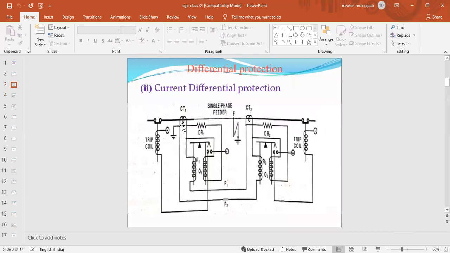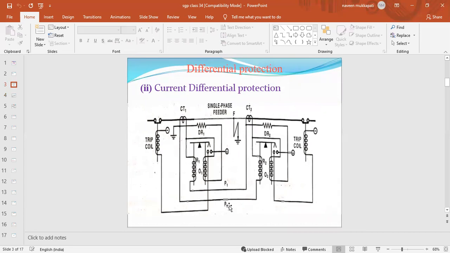The secondaries of CT1 and CT2 are connected by R1, R2, that means the restraining coils. O1, O2 are the operating coils and P1, P2 are the pilot wires.